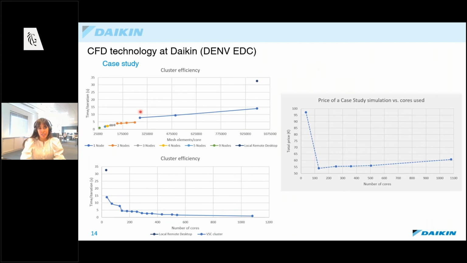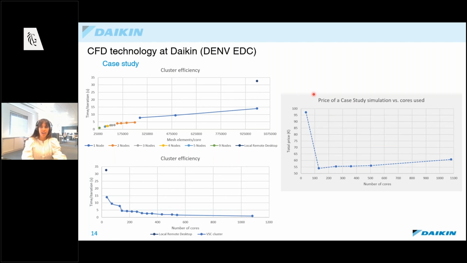For this reason, then, we did kind of a study of how long it takes us and how expensive it is for us to do one of the simulations, depending on the resources that we use from the VLAM Supercomputer Center. For example, our reference case on our local remote desktop would be this dot we have here.